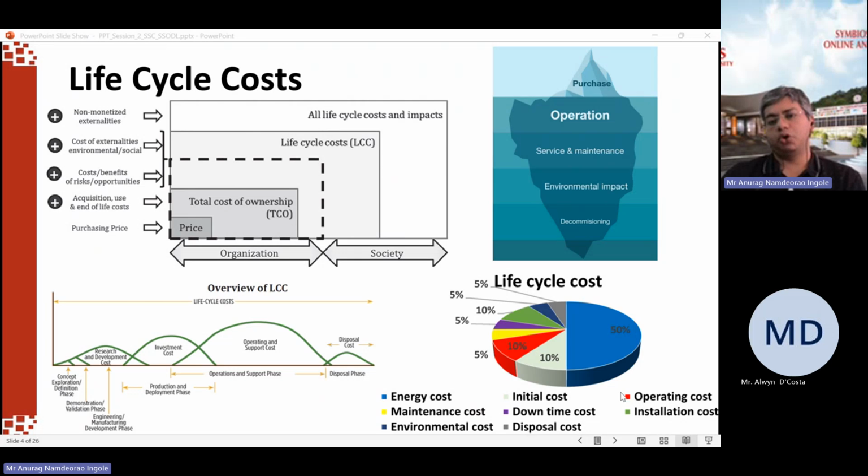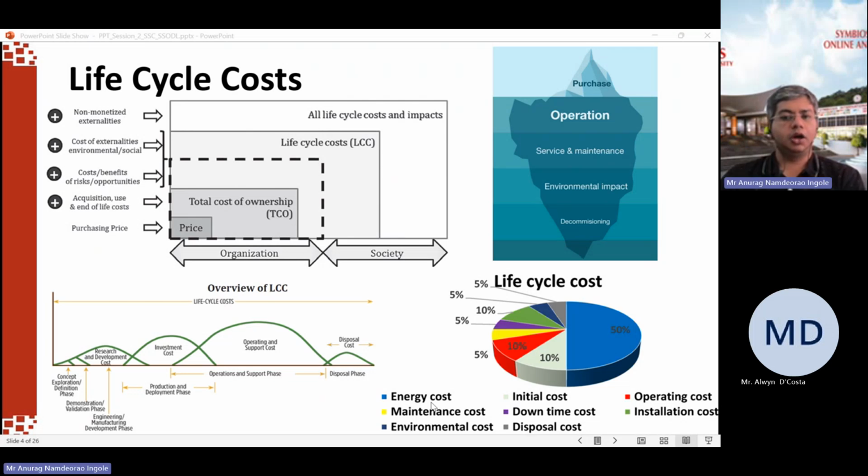It may differ from product to product, but the production cost or initial cost of that product is 10% of the total life cycle cost. 50% of the cost is related only to energy, the energy consumed by your product, or used for manufacturing, transporting the product from one place to another, then the customer using your product, and then the customer disposing of that product, either it gets recycled or dumped in a landfill. So 50% of the cost on average is related only to energy.